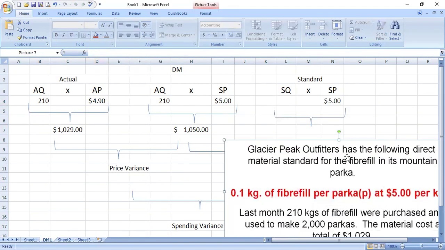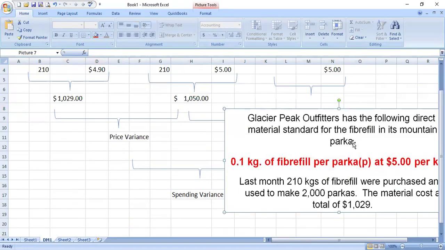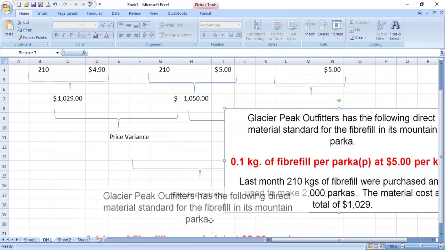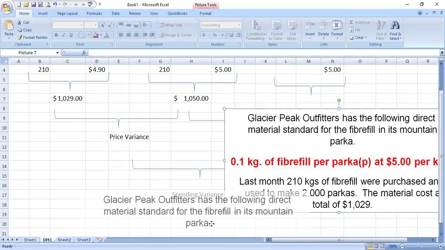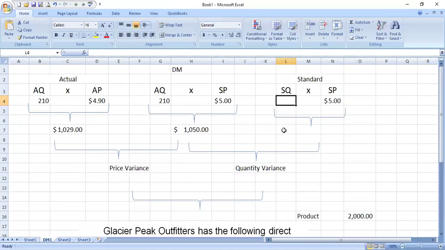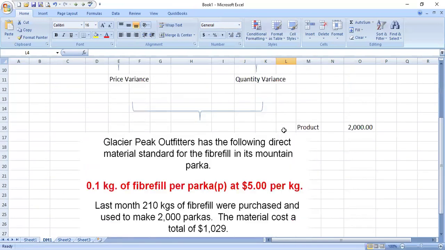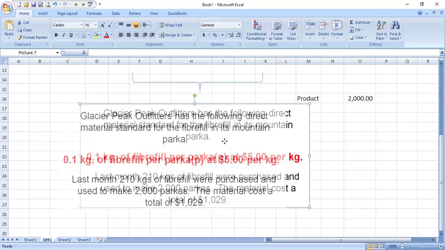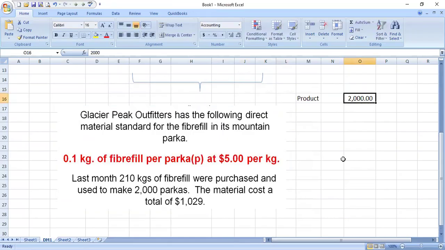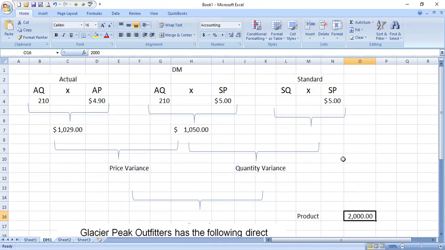Now, what's left? The only thing that's stopping me from further calculation is the standard quantity, correct? Now, do I know how many products I produce? Yeah. So this cost that I'm paying here is because I produce 2,000 products.